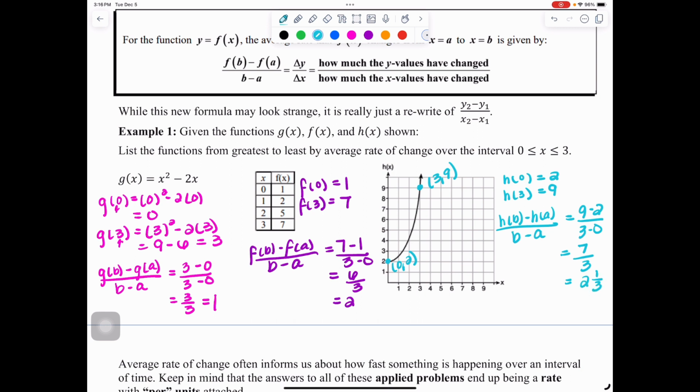And then remember, we want to go from greatest to least. So my greatest rate of change was 2 1/3. So that's h of x. Then it would be 2 for the table, so that was f of x. And then that would be 1 for the equation, so that is g of x. So that is the order of my functions from greatest to least.